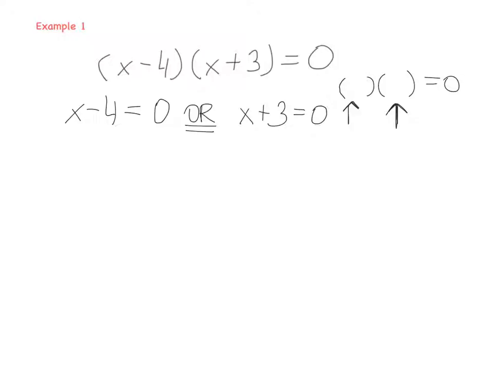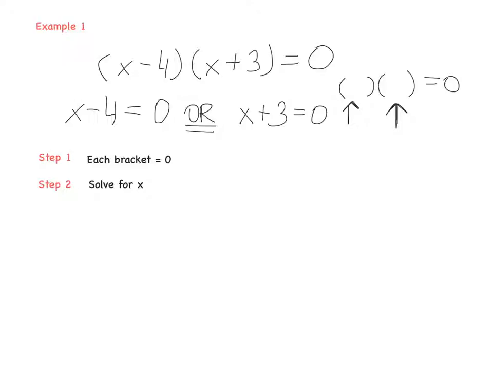This is a really basic question, and we don't need to factorize anything here. It's done for us. So the first step is each bracket equals 0: the first bracket equals 0, or the second bracket equals 0. Now we need to go to the next step. We need to solve for x.